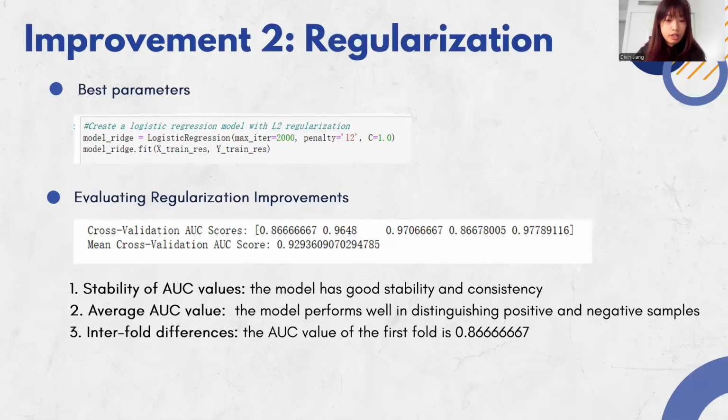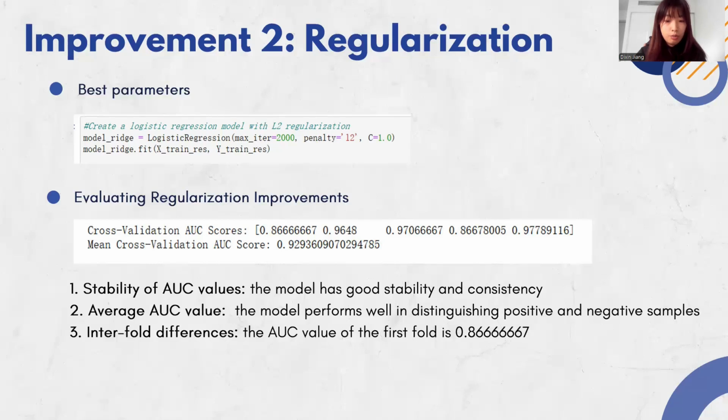Last, using L2 regularization with C equal to 1, we evaluated the model's stability. The cross-validation AUC scores range from 0.91 to 0.94, with an average AUC of 0.9331, reflecting excellent consistency and performance in distinguishing positive and negative samples.